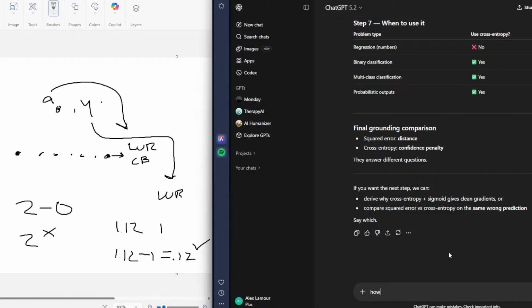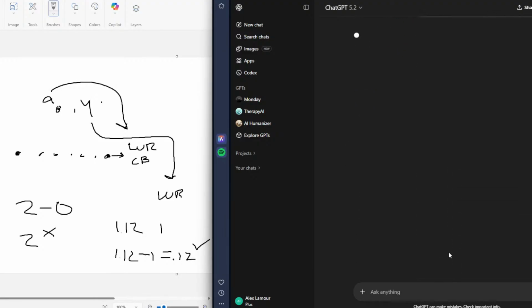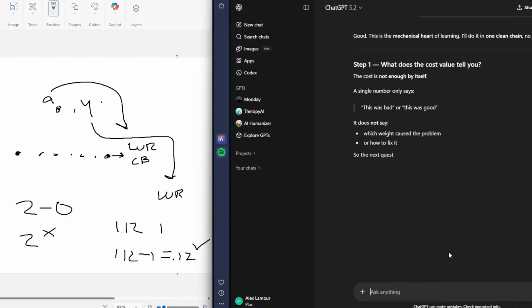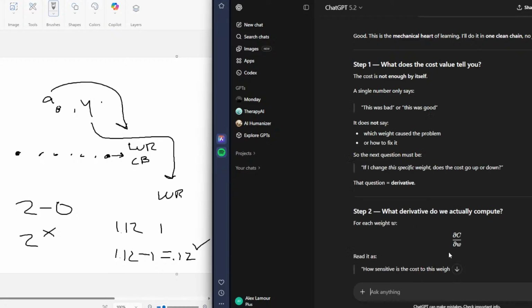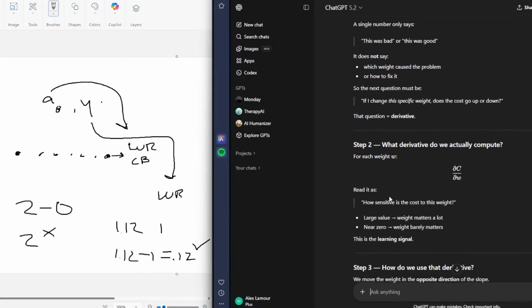All right. How do we update the weights after receiving the cost value? What derivative do we actually compute? For each weight, W, you get the cost, and how sensitive is the cost to this weight?